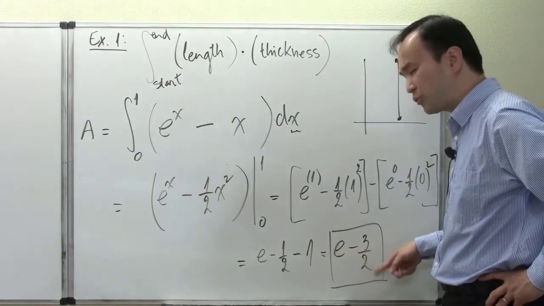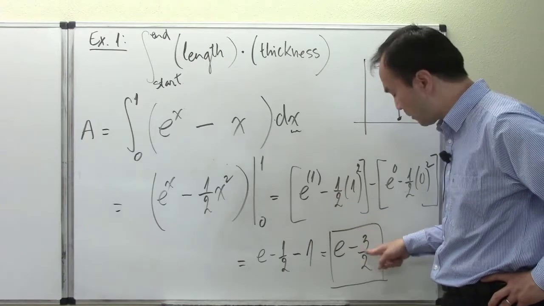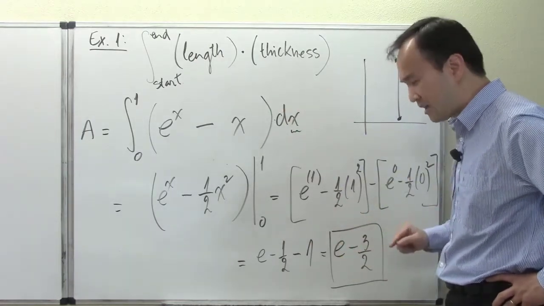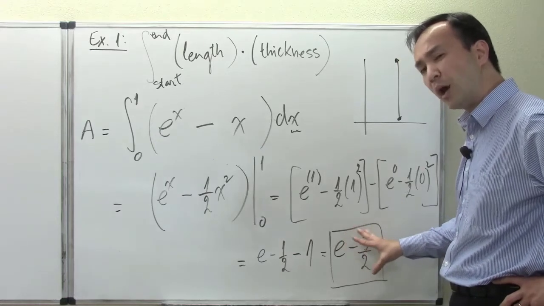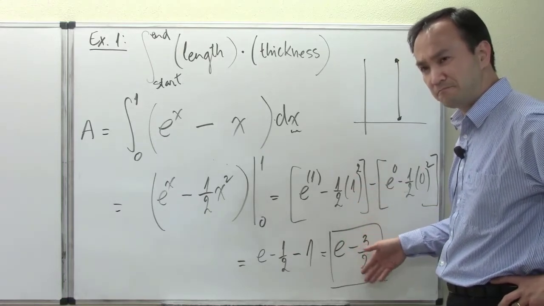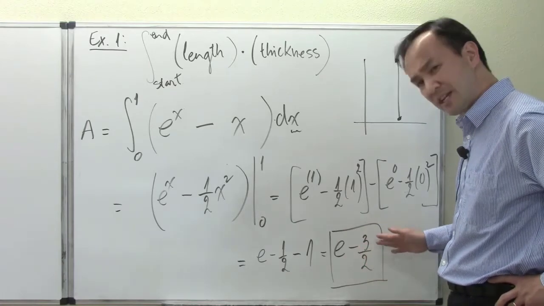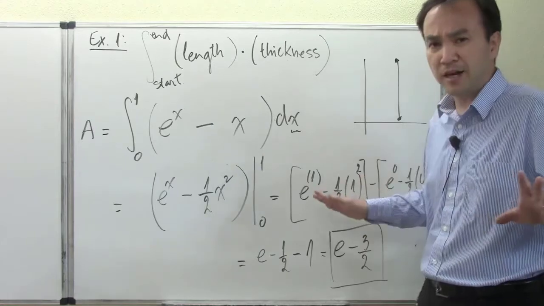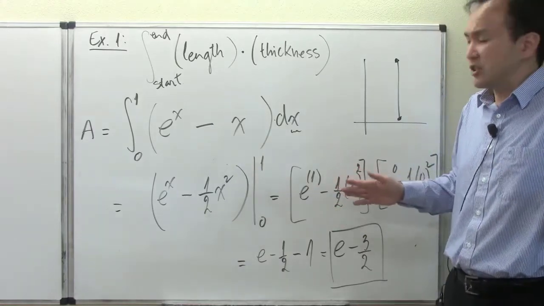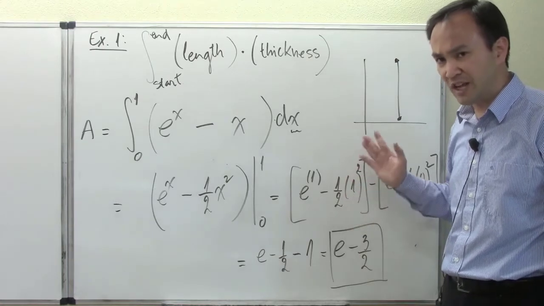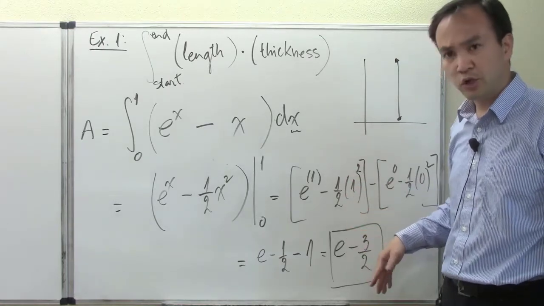So this is the area, but the answer was e minus 3/2. Now 3/2 numerically is 1.5, and e is about 2.7 something. So subtracting out, we're still having an area of about 1.28. But 1.28 of what? Keep in mind, the whole idea in calculus is that we learn about the calculation, but we never pay much attention to units at all.